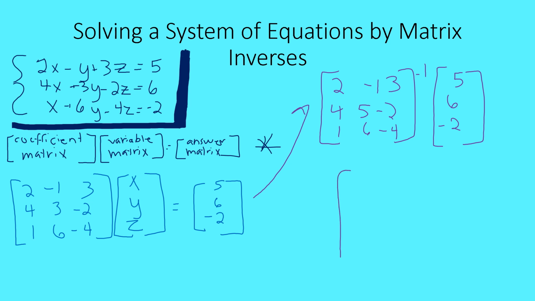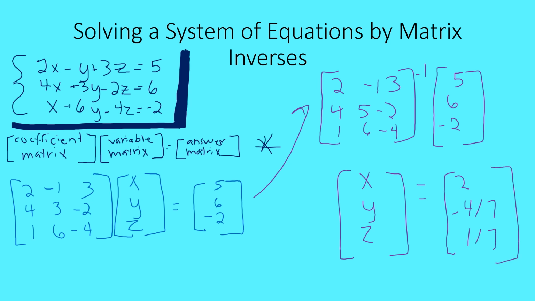And in this situation, using a calculator, you would get that your answer matrix equals 2, negative 4 sevenths, and 1 seventh, which means that x is going to be 2, y is going to be negative 4 sevenths, and z is going to be 1 seventh.